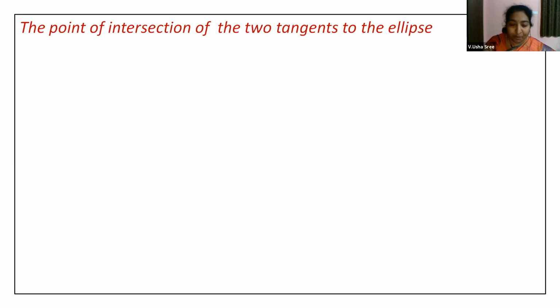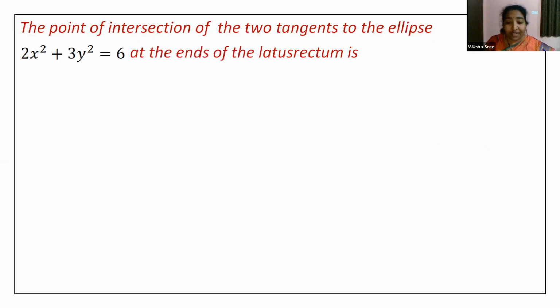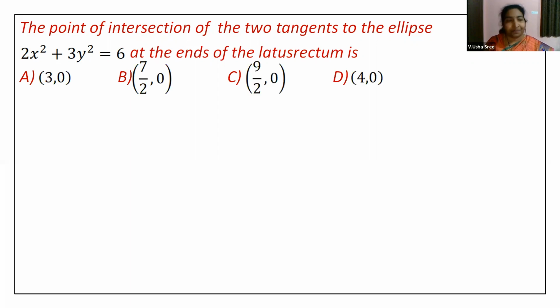from concept point of view, children. Now, look at this. The point of intersection of two tangents to the ellipse 2x square plus 3y square equal to 6 at the ends of the latus rectum is, and you are given some options.